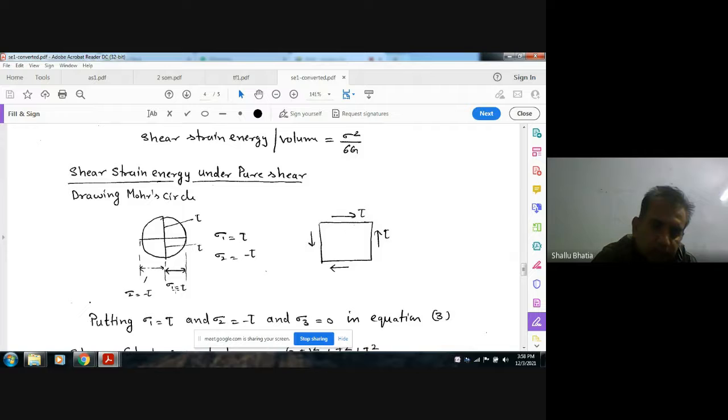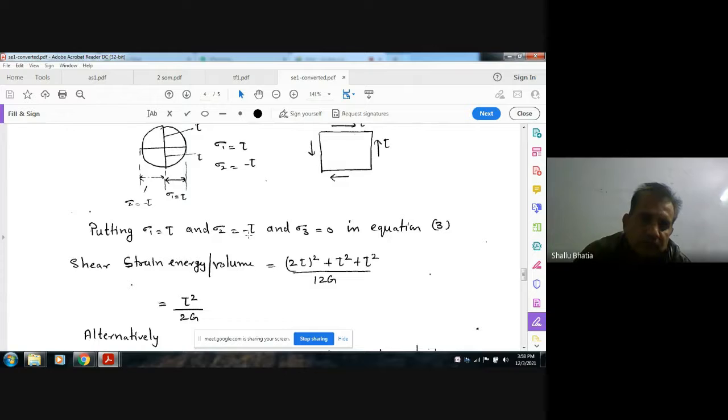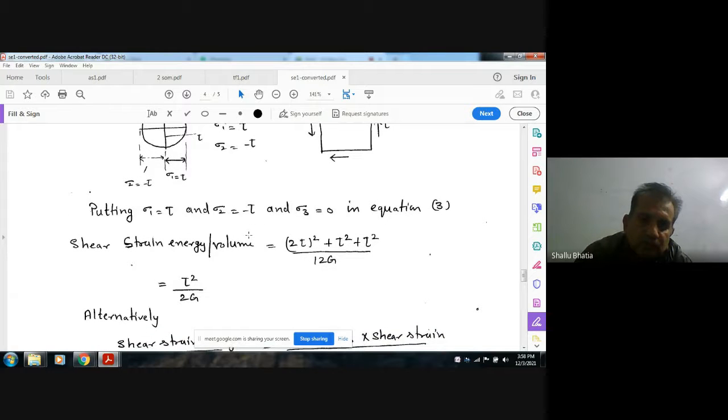Now principal stress sigma 1 is equal to the radius of the circle, that is tau, and the second principal stress is sigma 2, that is minus tau. So we have two principal stresses, sigma 1 equal to tau and sigma 2 equal to minus tau, and sigma 3 is equal to 0.